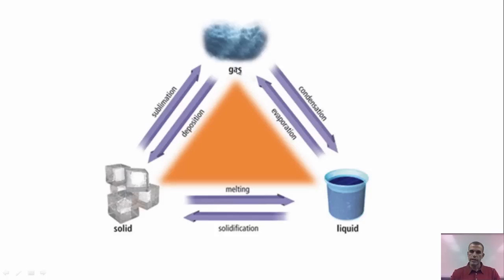And then going from a gas to a solid is called deposition. Sublimation is more the term that you need to know, going from the solid state to the gas state. Looking at solids and liquids, going from solid to liquid is what we refer to as melting, and going from a liquid to a solid is solidification, or freezing.